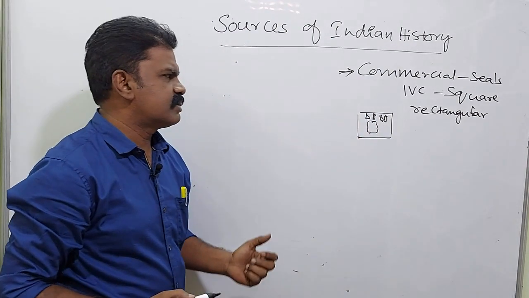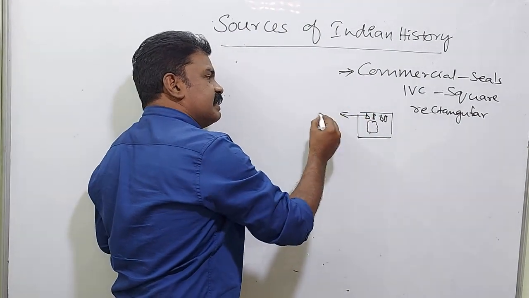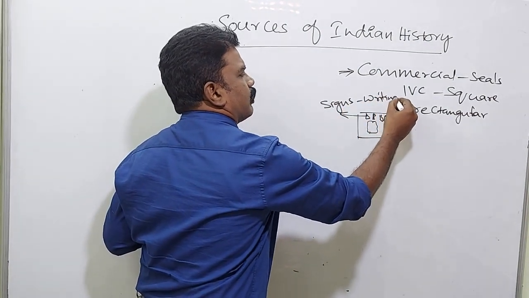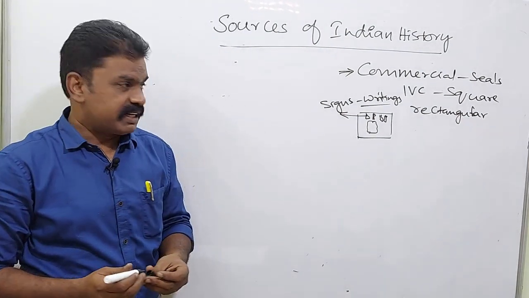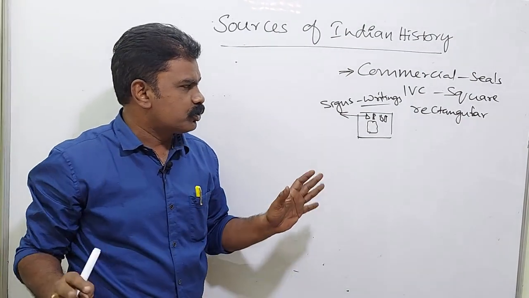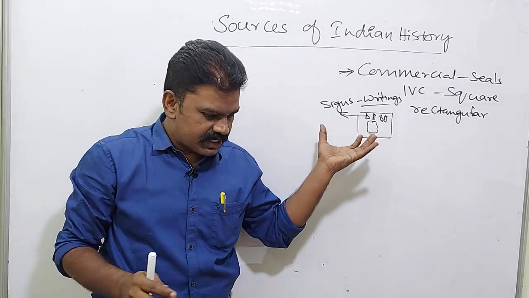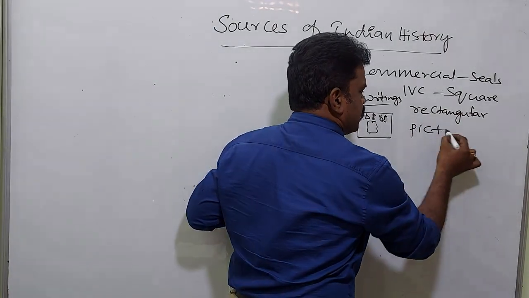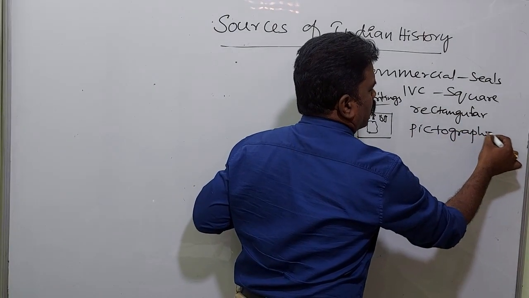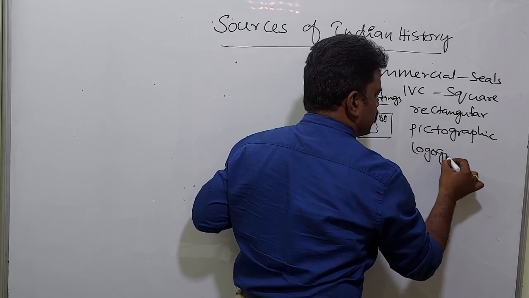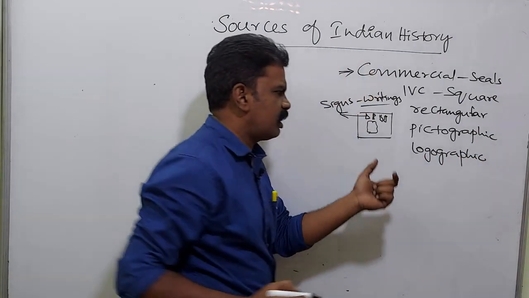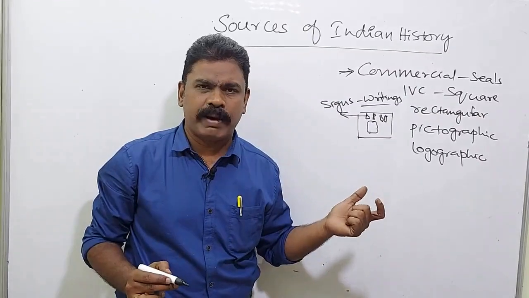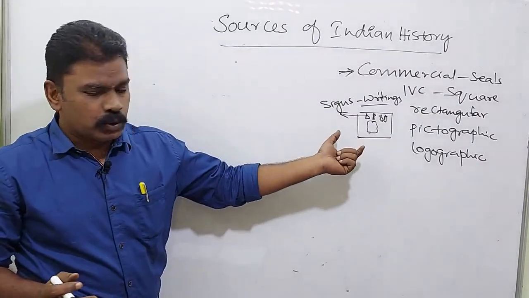These signs represent writing. But till now, nobody has deciphered the Indus Valley script. Most of these are pictographic or logographic. This pictographic or logographic script has not yet been understood by historians till today.